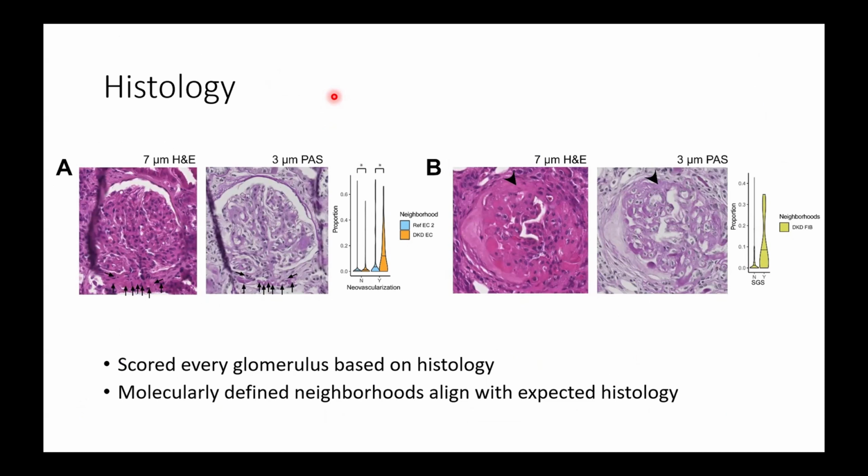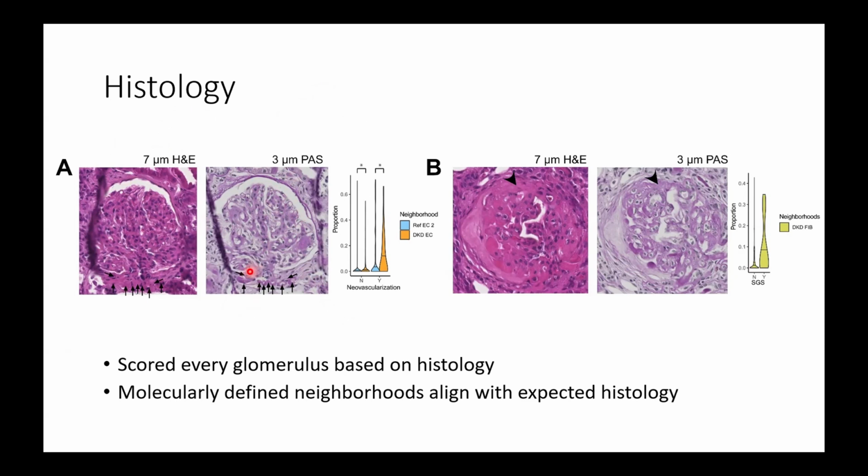But then we map those neighborhoods into the FFPE, where we have a smaller sample size, but we have much better histology. So here you have the 7-micron H&E. This is the exact section where the spatial transcriptomics was performed. And this is a sequential section where I performed PAS. And all the glomeruli on those samples were individually scored based on the histology by a pathologist.